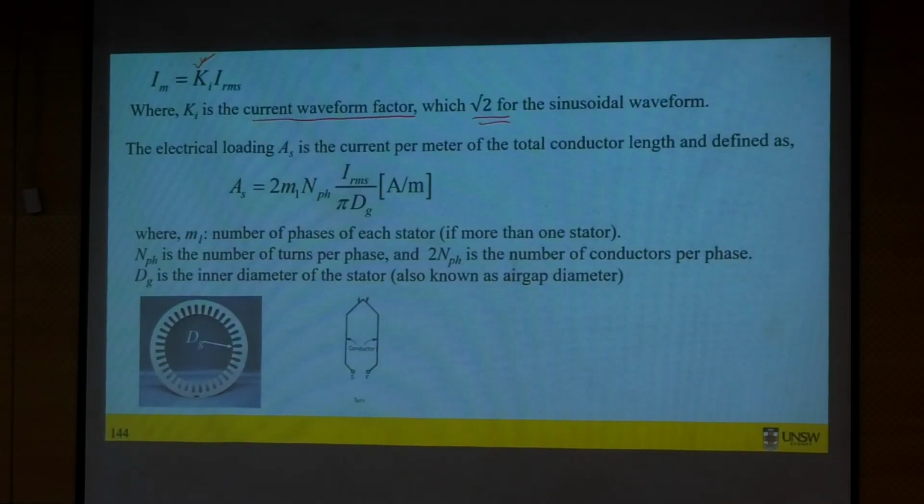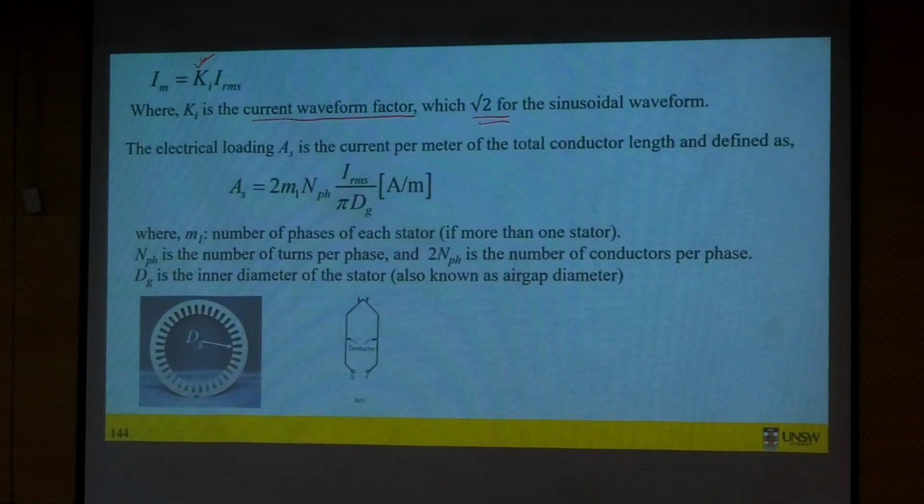So Ki will be known, and IRMS, the current, actually doesn't help us much. We are more interested in the current density, because we are dealing with geometry at the moment, right? So it's much more important to know the density of current rather than the total current.